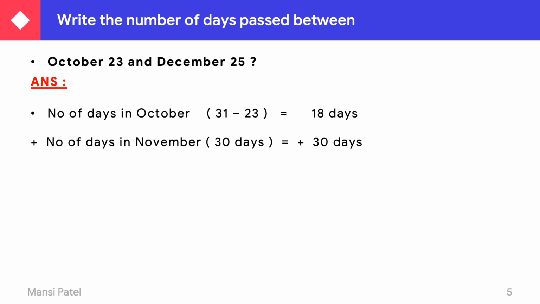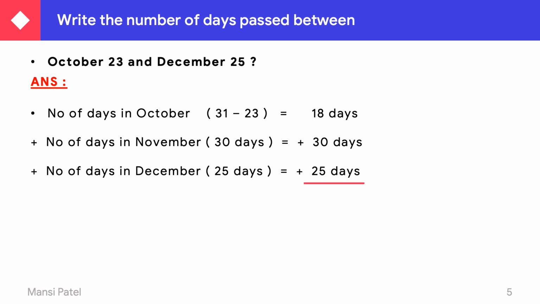Now do the addition of 18 and 30. Then 25 days of December are remaining, from 1st December to 25 December. Add these 3 numbers: 18 days plus 30 days plus 25 days is equal to 73 days.